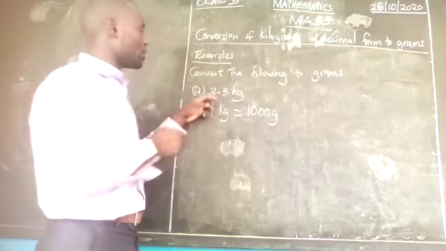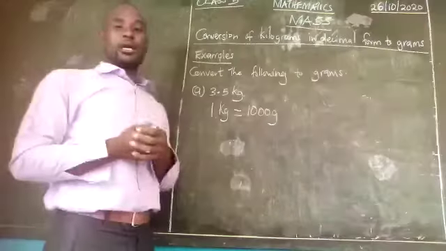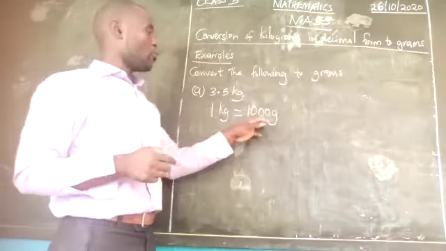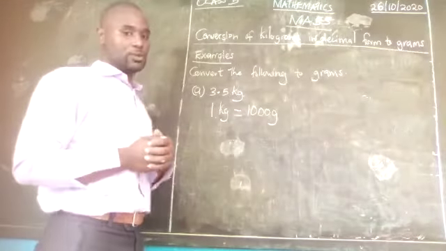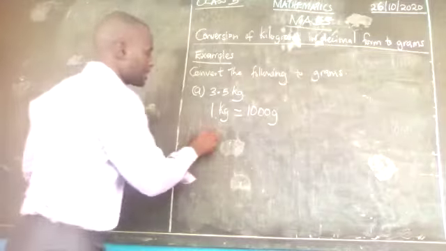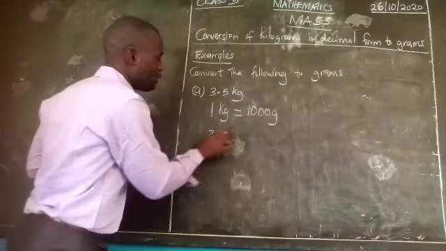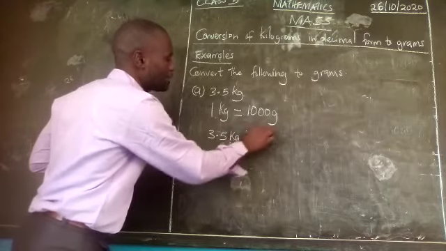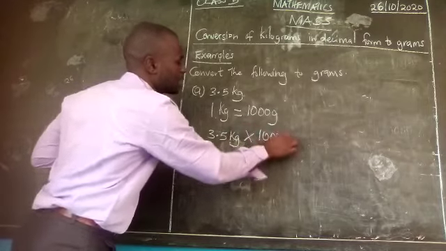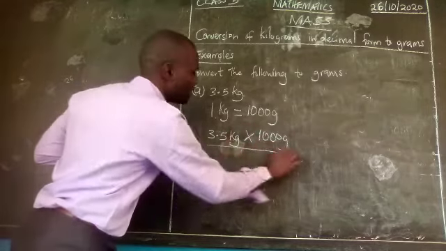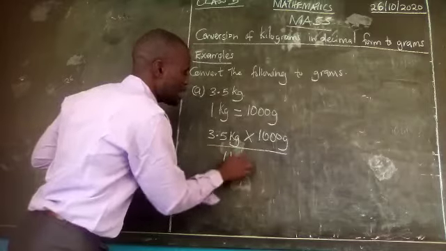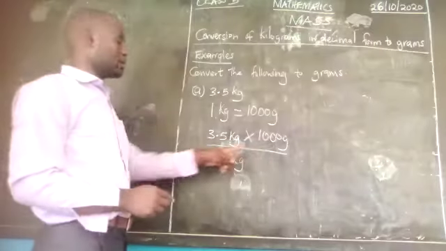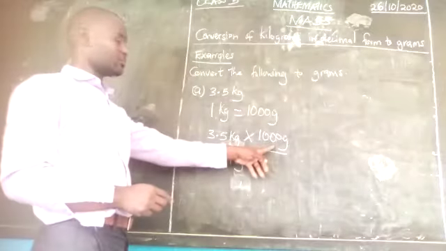You shall take 3.5 kilograms multiplied by 1000 grams. So here it will be 3.5 kilograms multiplied by 1000 grams divided by 1 kilogram, because here we want to remain with grams only.